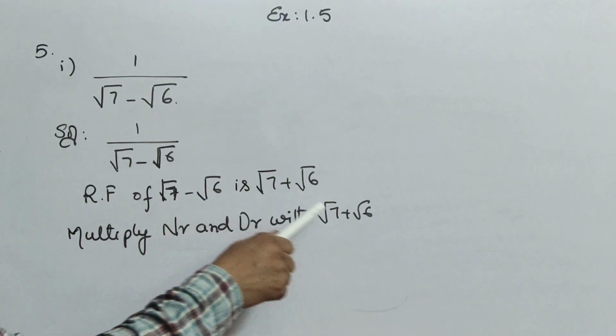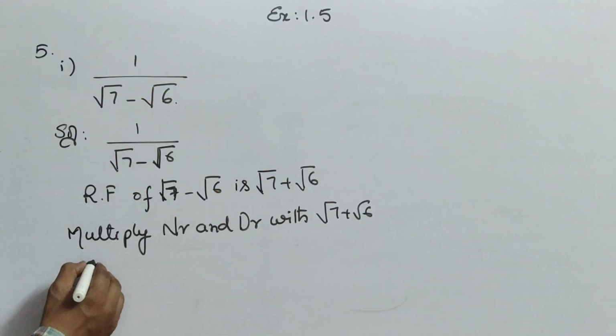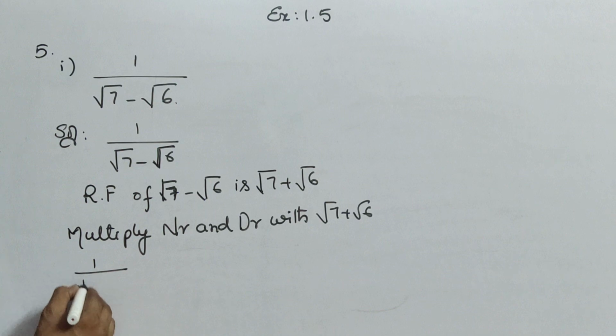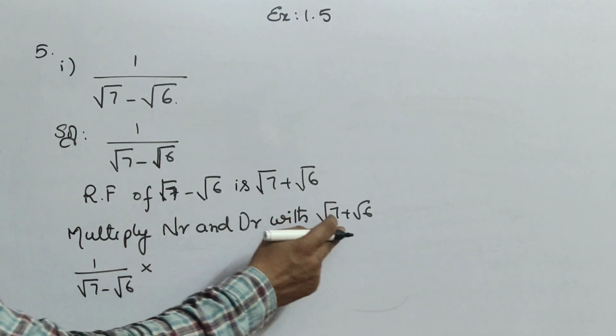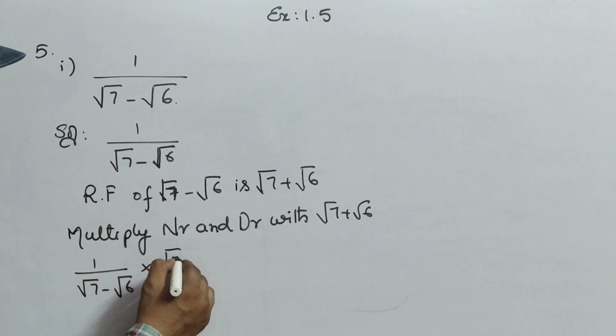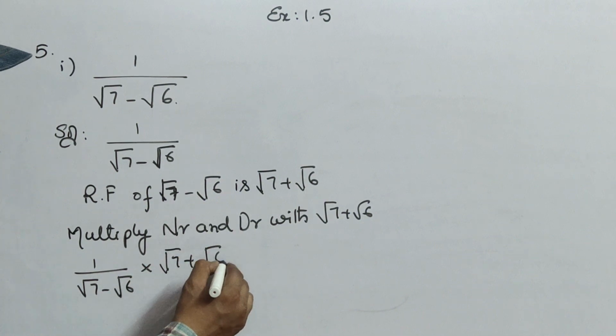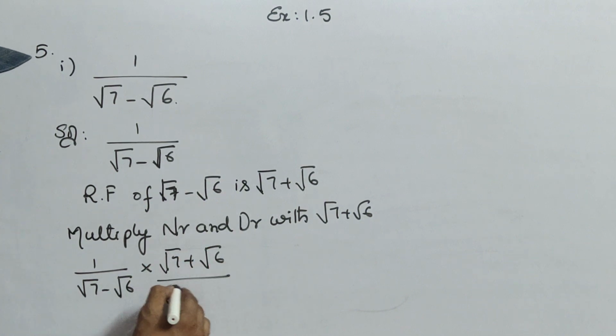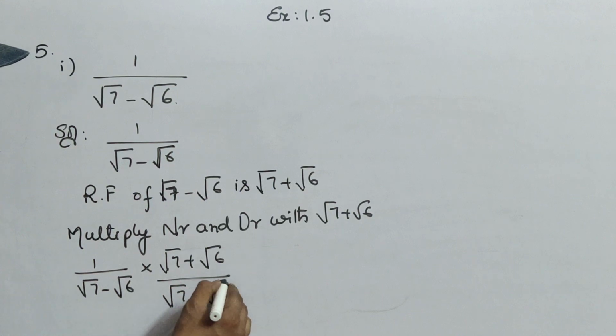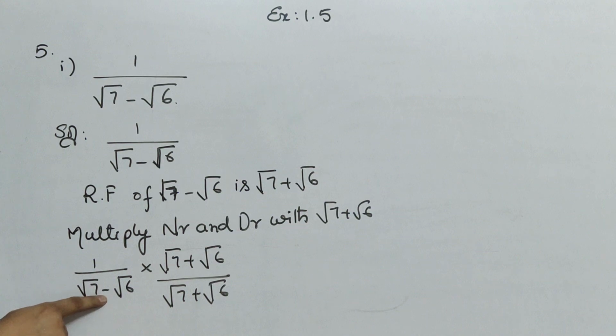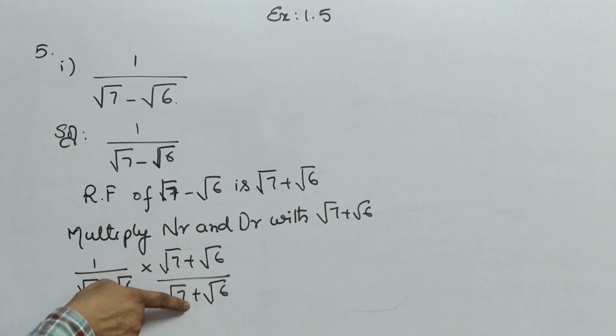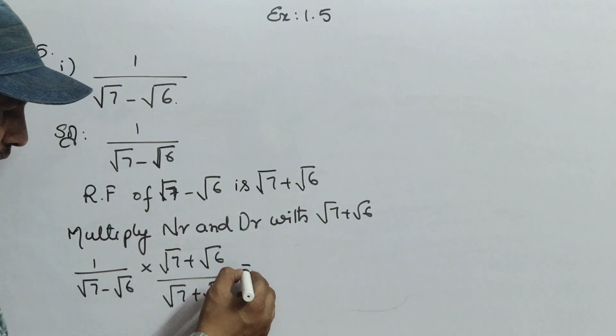See here: 1 by root 7 minus root 6 into root 7 plus root 6 by root 7 plus root 6. If you clearly observe, always, here minus is there, no? So here we will get both plus. Is it clear?